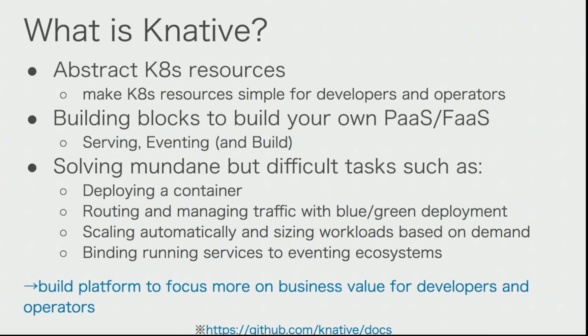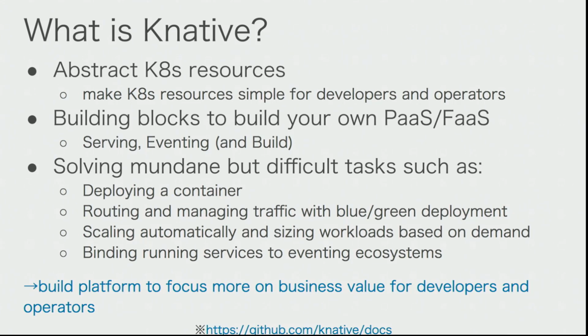So what's Knative? Knative abstracts Kubernetes resources. Knative makes Kubernetes resources simple for developers and operation engineers, and provides building blocks to build your own PaaS or FaaS. Knative itself is not PaaS or FaaS, but it provides building blocks like serving and eventing. Build is deprecated.